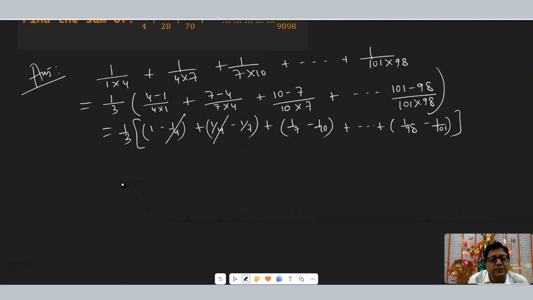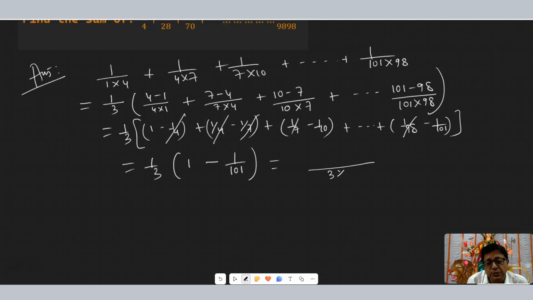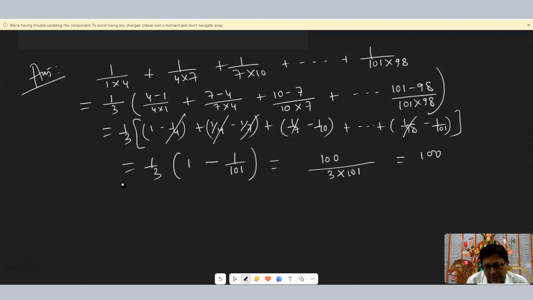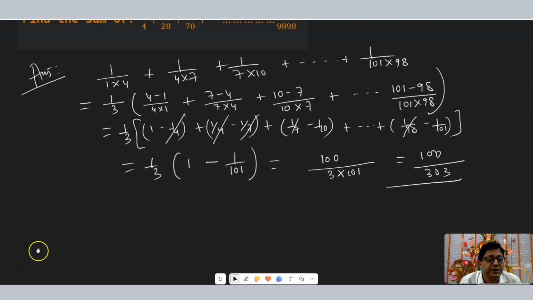That 1 by 4, 1 by 7, all this is getting cancelled. What is remaining over there? It is 1 minus, till this everything gets cancelled, except the first and the last. So 3 into 101 LCM, there will be 100. It's alright, no? You understand? This will be 100 by 303.